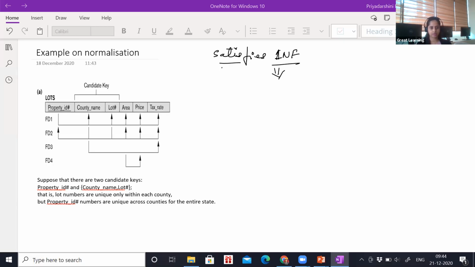Tarun is completely wrong. I'm not telling which. Manoj is half and half. Farzana, wrong. Which is not in 2NF? So what is a 2NF definition? It should be fully functional dependent on the primary key.